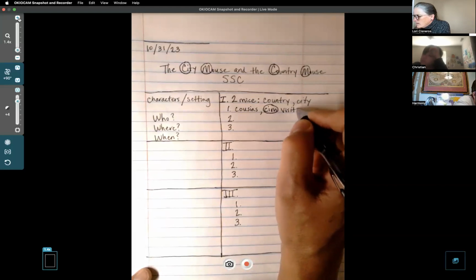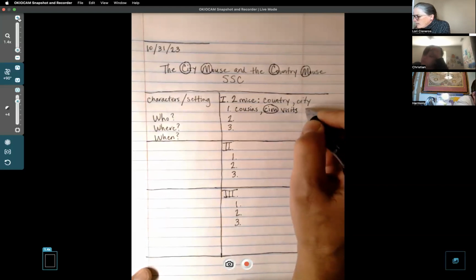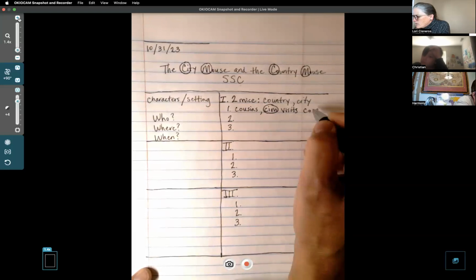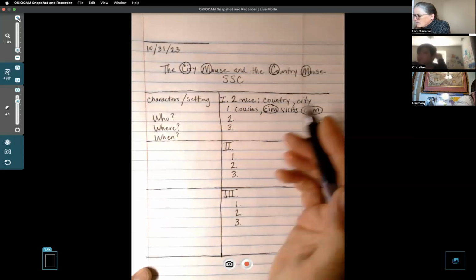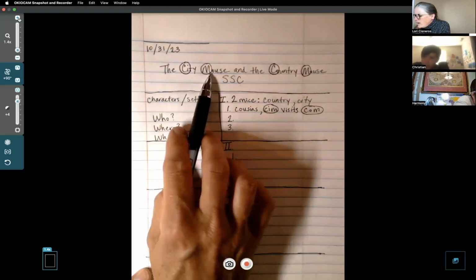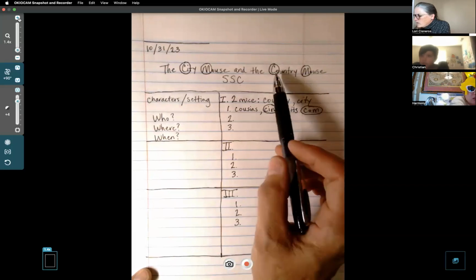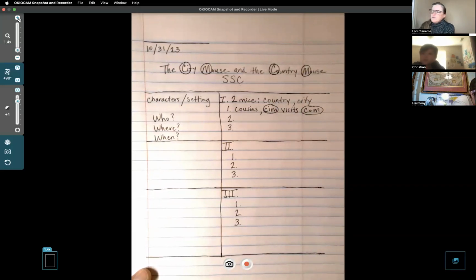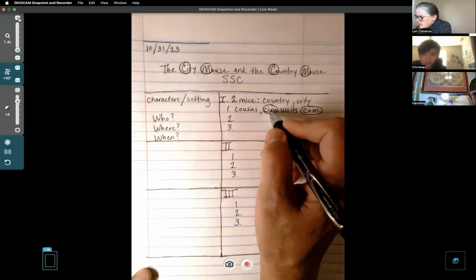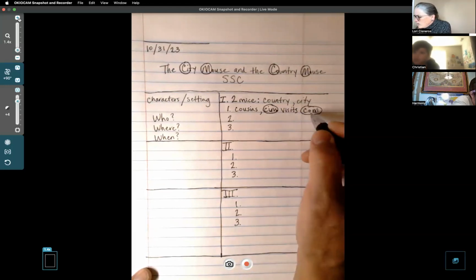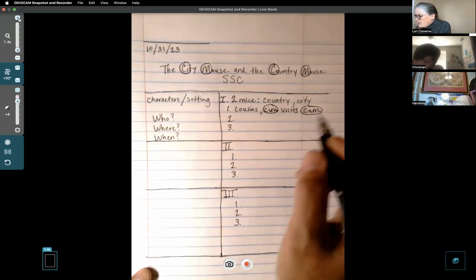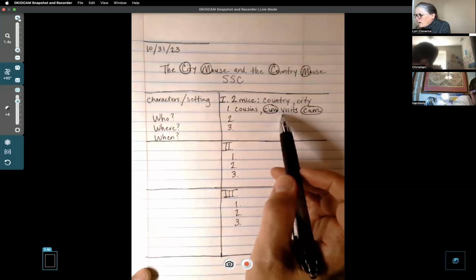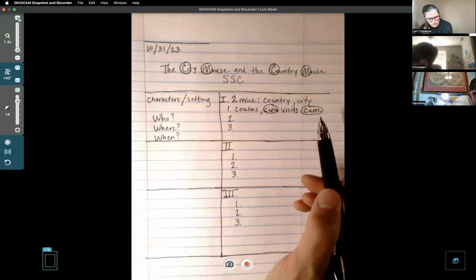Visits the country mouse. City mouse is CIM. Country mouse is COM. Maybe we should put dots between them, like CI.M, CO.M. So they're cousins, and the city mouse visits the country mouse.